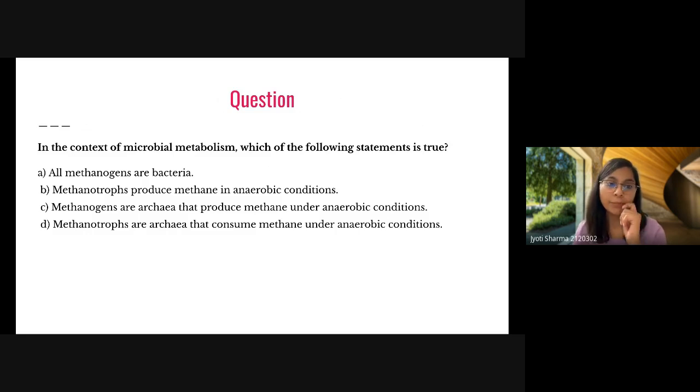And D, methanotropes are archaea that consume methane under anaerobic condition. So we have learned the difference between methanogens and methanotropes, right? And based on that table that I have provided, you can give me the answer for this. This is about the microbial metabolism. So what they are consuming, what they are releasing. So can you tell me the answer for this?